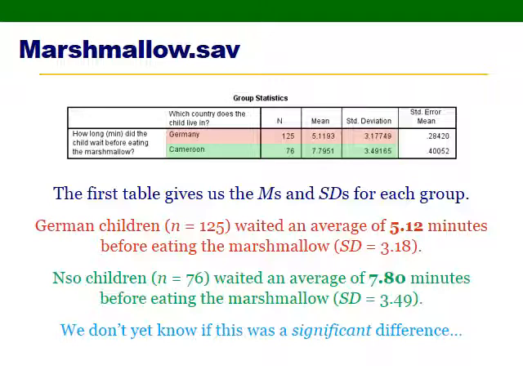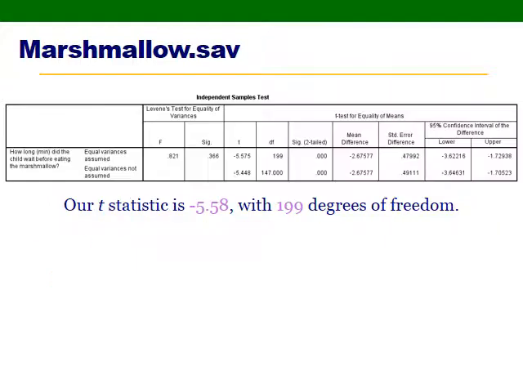However, keep in mind that we don't know if this is a statistically significant difference until we look at the results of the t-test. So if we were to say now that these two groups were different, our conclusion would be premature. We have to look at the second table, the independent samples t-test table.